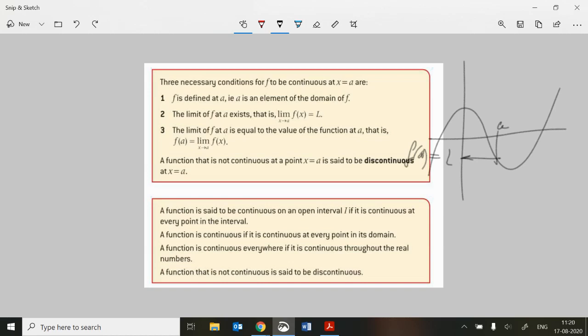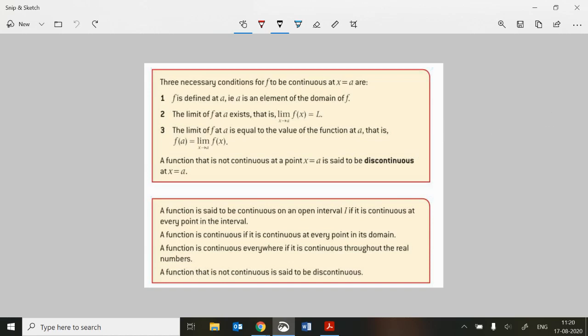That answer has to be equal to f of a, and the limit as x tends to that particular point has to be equal to this L, which is equal to f of a as well.